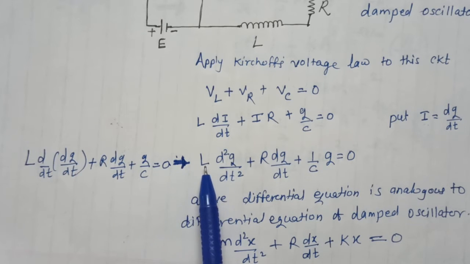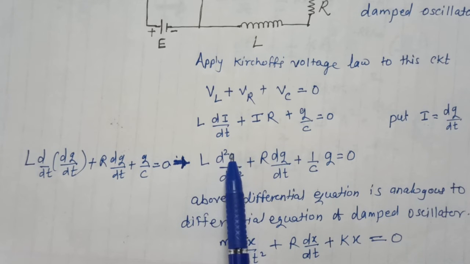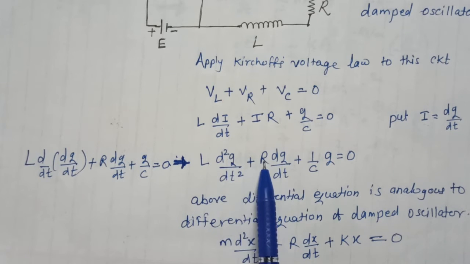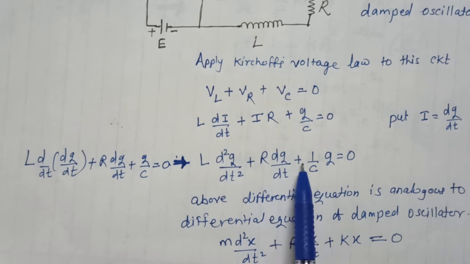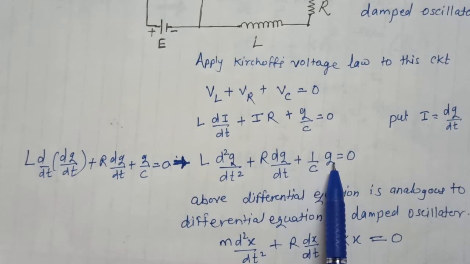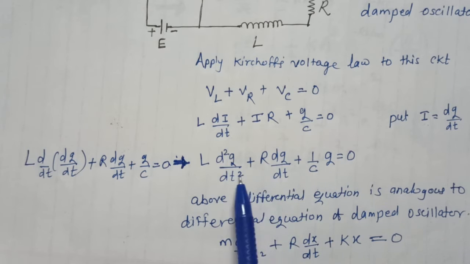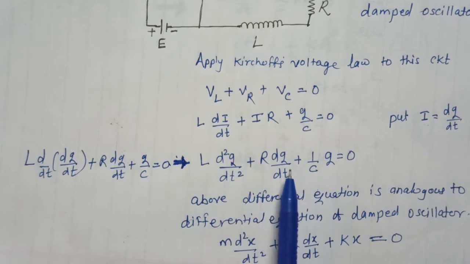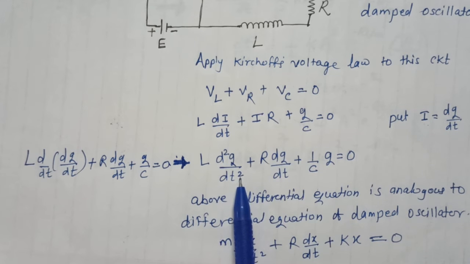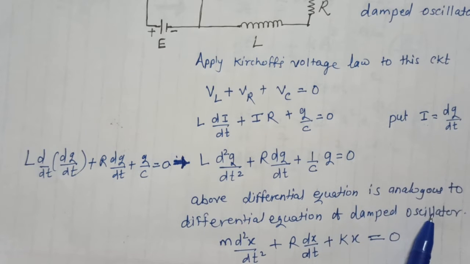It gives L into d2q by dt square plus R dq by dt plus 1 upon C into Q is equal to 0. This is a differential equation in Q. This equation is a second order linear homogeneous differential equation. This equation is analogous to the differential equation of a damped oscillator.